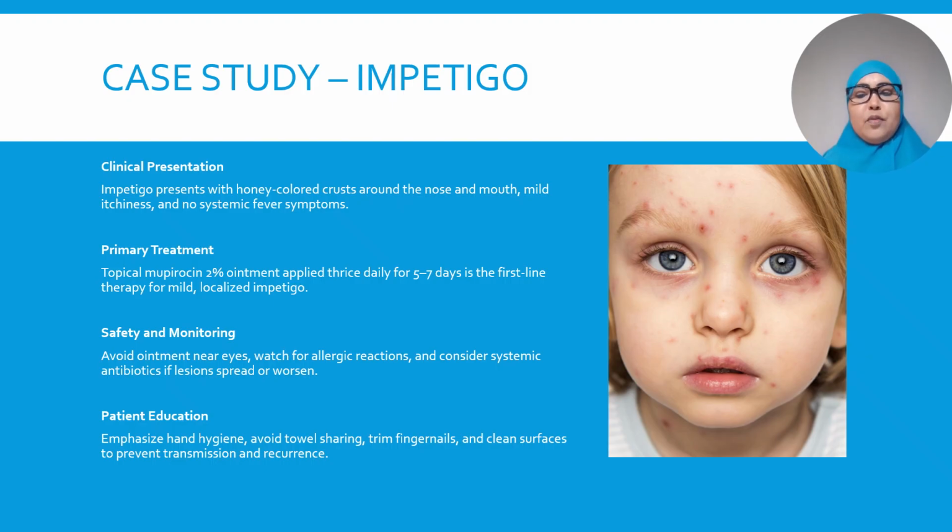If the lesion spreads or worsens and the patient has a fever, you will consider an antibiotic. But if it's local and mild, with no fever and no symptoms of systemic infection, you don't need an antibiotic.